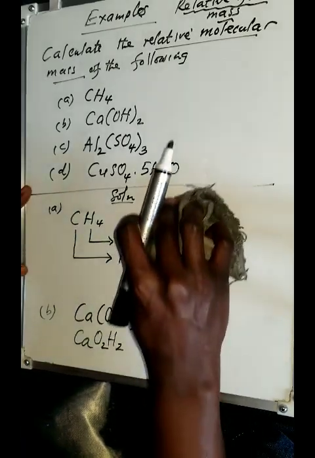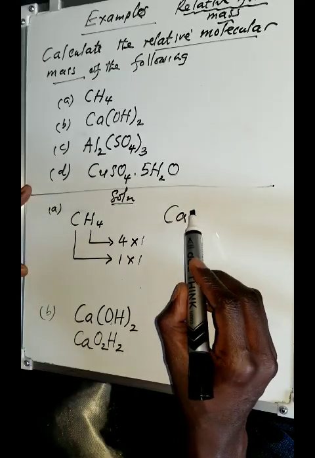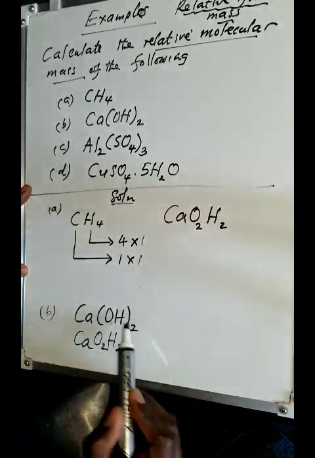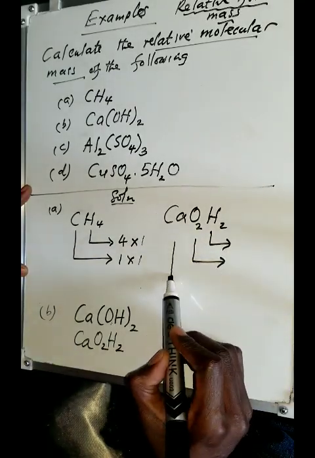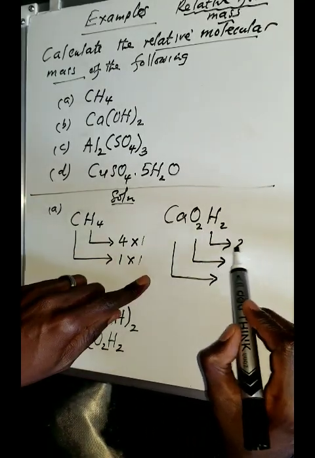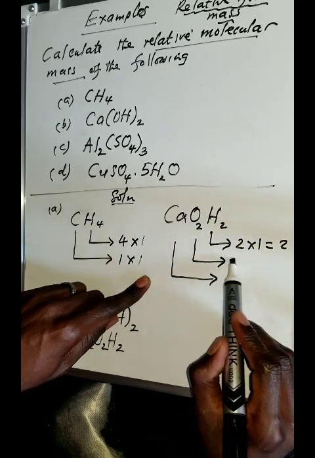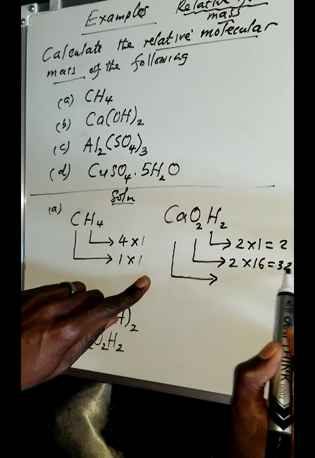So how is that going to be? Let me just use the space that is here. So we have Ca, O2, then H2, because I've actually expanded that. So there's hydrogen, there's oxygen, and there's calcium. How many hydrogen? 2 times the atomic mass, which is 1, will give you 2. How many oxygen? 2 times the atomic mass of oxygen, which is 16, will give you 32.